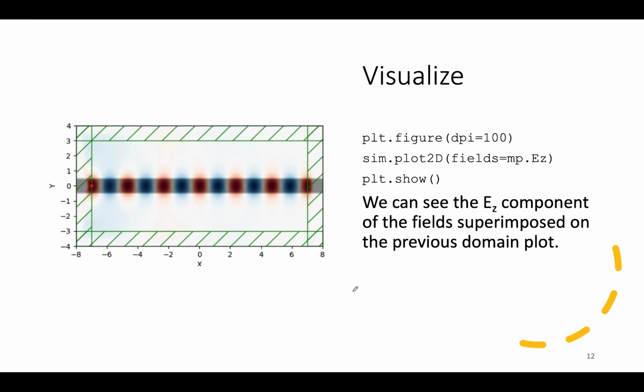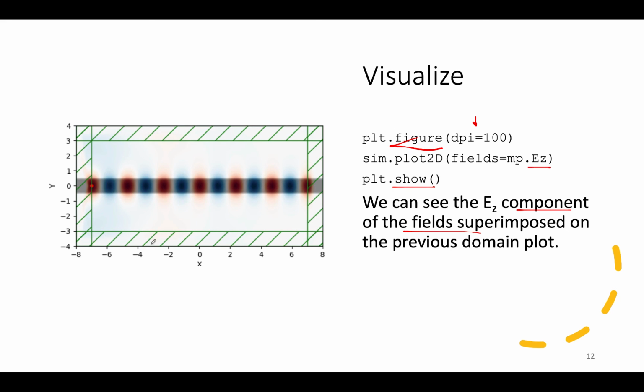So at this point we have the simulation, and what we can do is just plot the final results. We start a figure with this kind of definition, and then we decide to plot the fields, mp.Ez, and then we do plt.show in order to visualize. This is going to show us the Ez component of the fields superimposed on the previous domain plot.